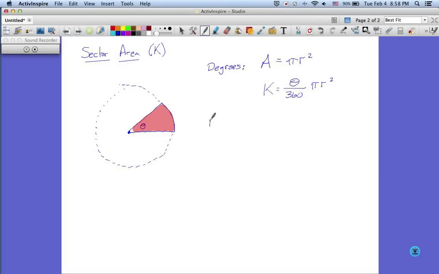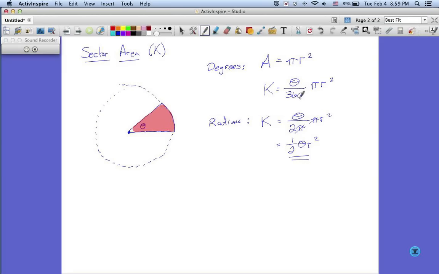Now let's switch gears. Let's think radians. Radians tells us I still have a fraction, but my fraction is some angle out of 2 pi times pi r squared. Pi's cross out, and I'm left with 1/2 theta r squared.